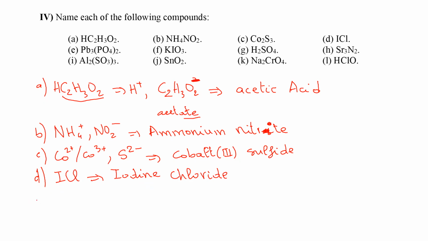Okay. And for E, we have a metal and one of the anions that we should know. So this is lead, which can be 2 plus or 4 plus, and phosphate, which you should know, 3 minus. From the stoichiometry, 3 and 2 in the formula, you know that it's based on lead 2. So it's going to be lead(II) phosphate.